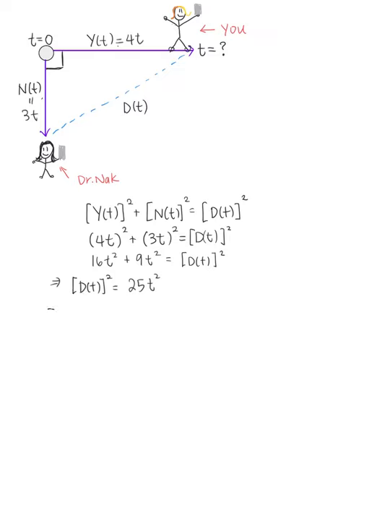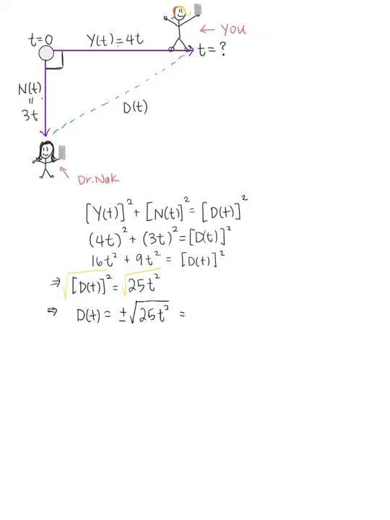So let me just do that. Taking the square root on both sides, on the next step you better have d of t equals plus or minus the square root of 25t squared.